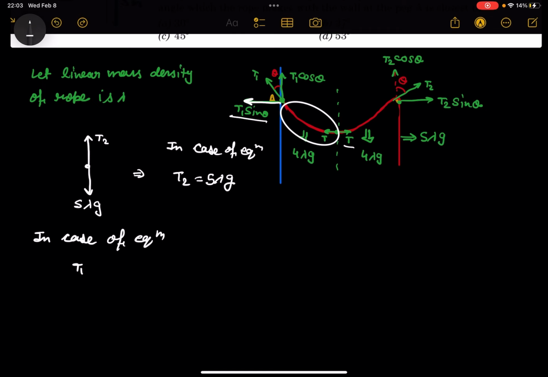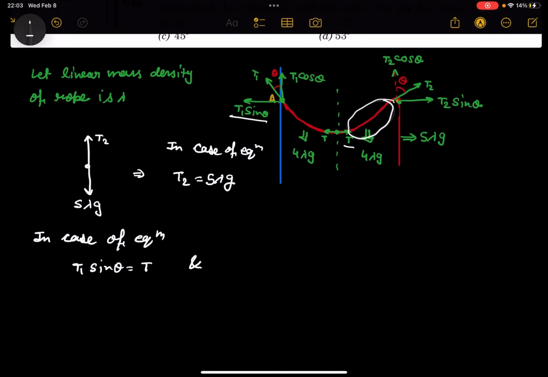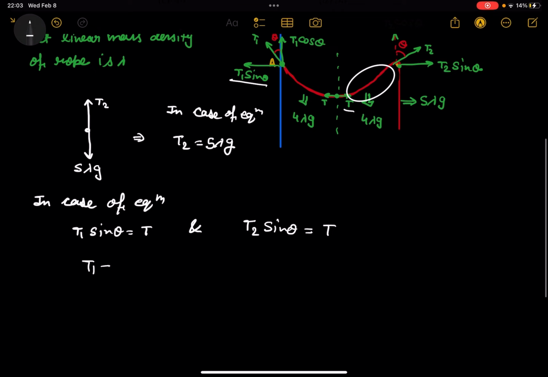So T1 sin theta is equal to T. And if you consider this half of the rope, then T2 sin theta is also equal to T. So from equations 1 and 2, you can say that T1 is equal to T2. T2 I already calculated as 5 lambda g, so T1 is also 5 lambda g.